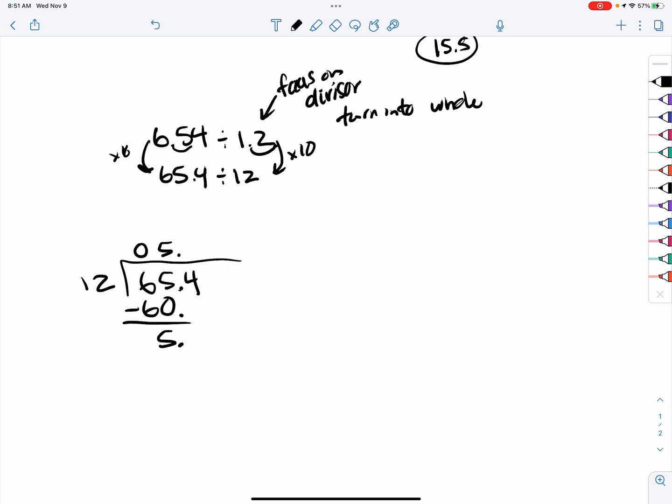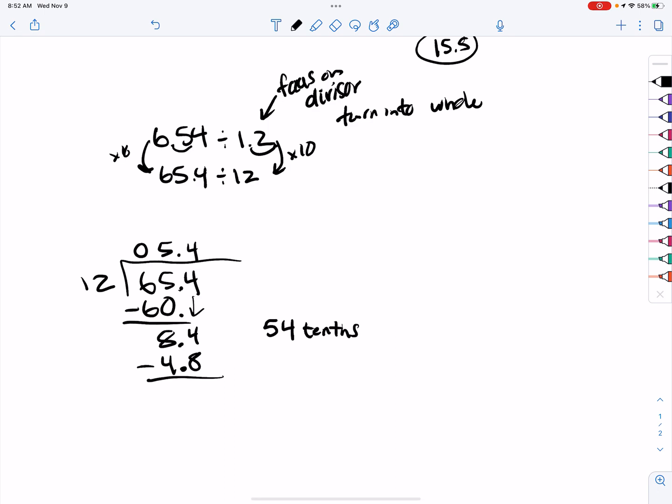So I have 5 ones left, but I still have these 4 tenths. So 5 ones and 4 tenths is equivalent to 54 tenths. And that's useful because if I have 54 tenths, I can do 54 divided by 12. And I know 12 goes into 54 4 times because that would be 48 tenths.